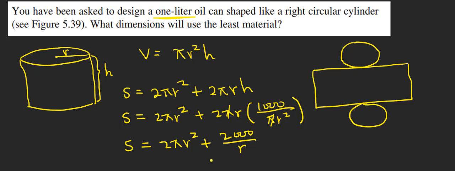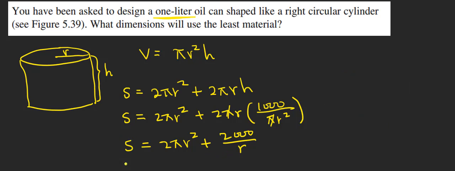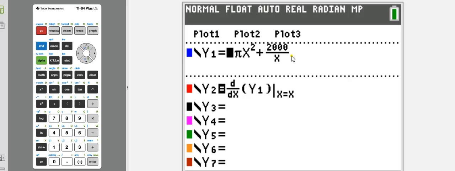And we need to find the derivative of that to find the critical point. Now, what we're going to do is use our graphing calculator and graph the derivative of this to find the critical point and which value gives the least material. So now you have the equation of surface area, and I'm going to graph the derivative of surface area using the graphing calculator.